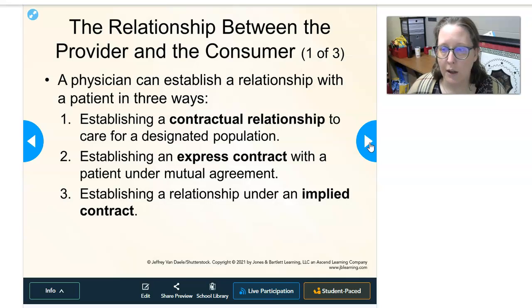So you go see the physician for services, and you usually sign some papers, again establishing this contractual agreement between you and that provider. And you can also establish a relationship under an implied contract, meaning if you come, for example, to a physician and you talk to them and you ask advice and they give you advice that can impact your healthcare, then you have this implied relationship that has started.